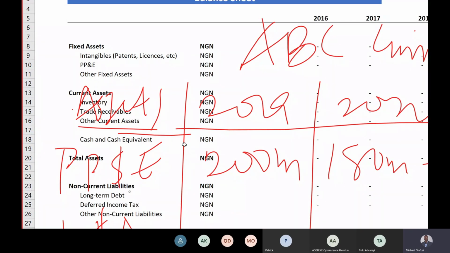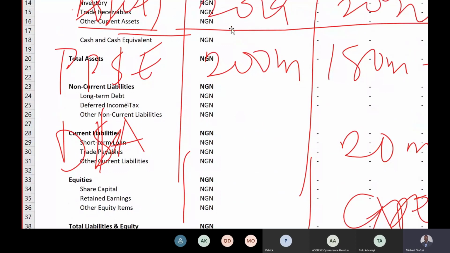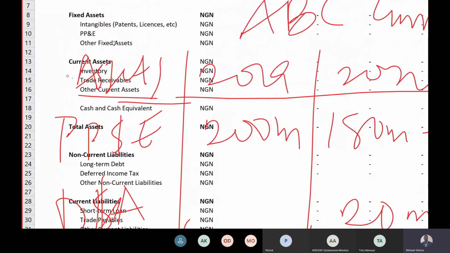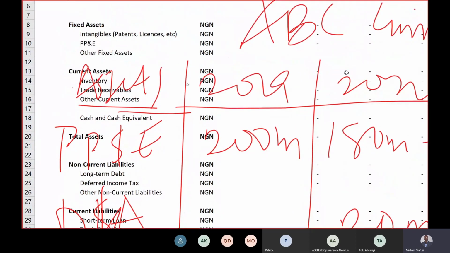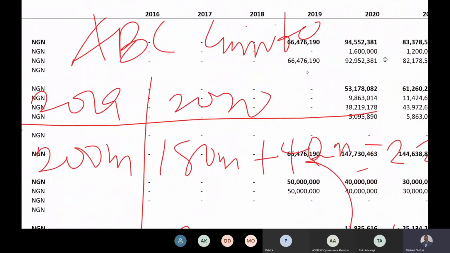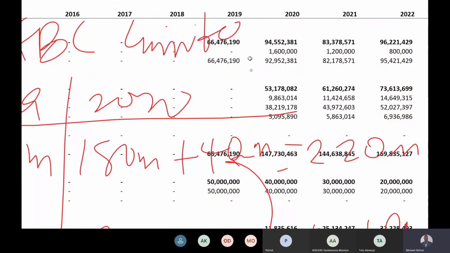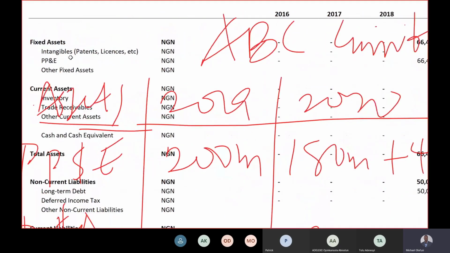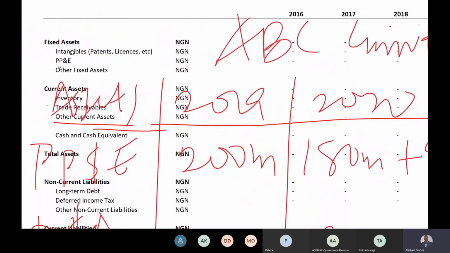But since we have broken it down in our statement of cash flow, let's just follow the breakdown. And so I'm going to say PP&E and fixed and intangibles, because also intangibles relates to the things we do the D&A on top of.